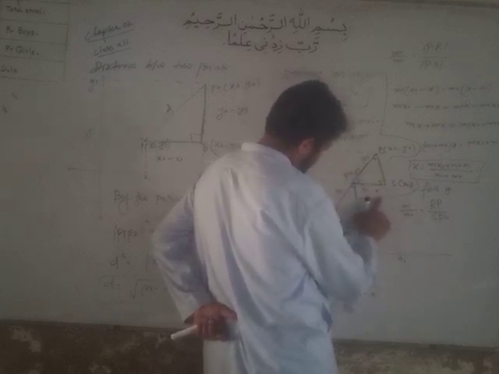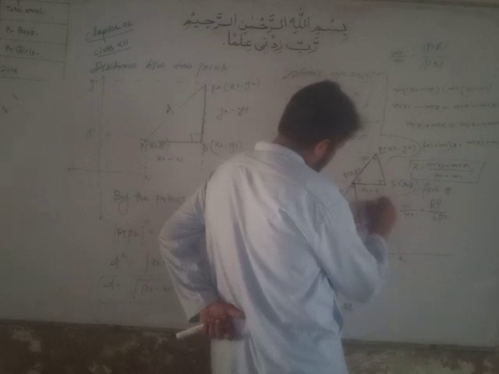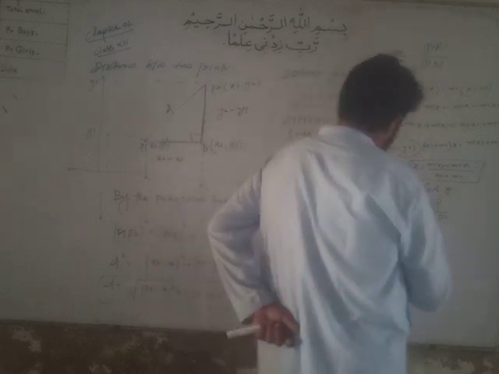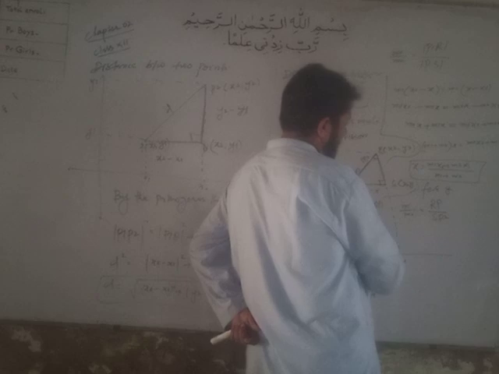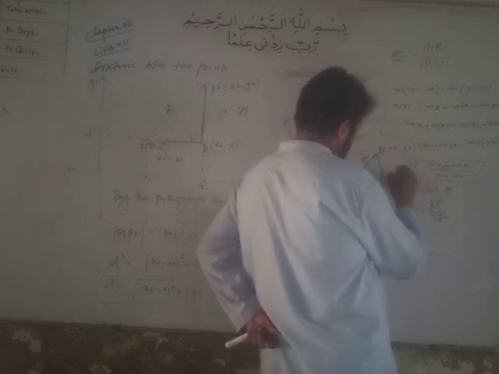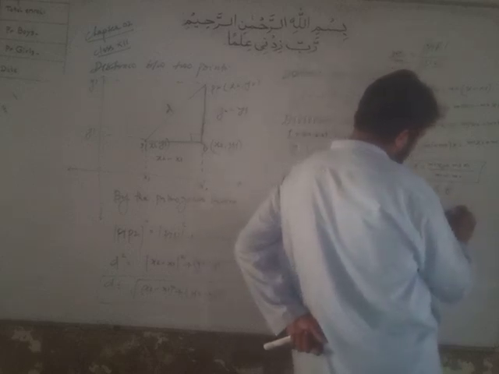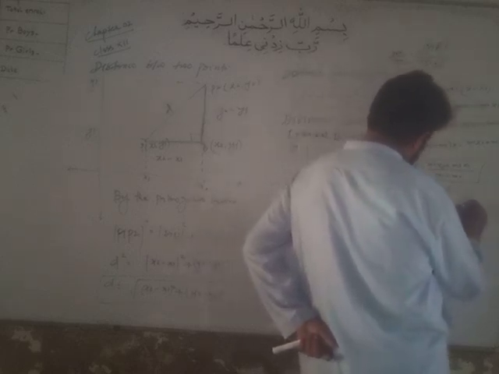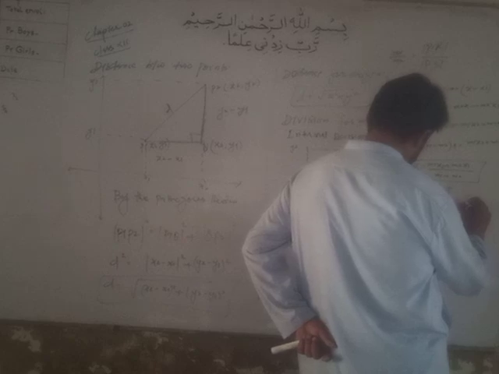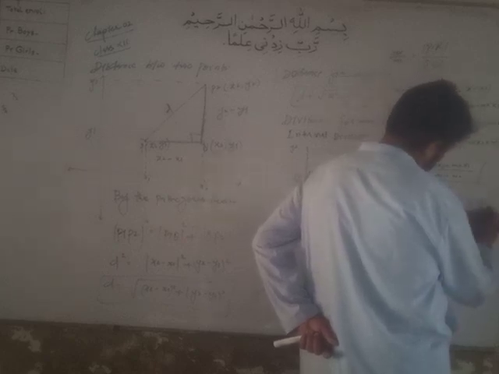So this will be y minus y1, and here x will be cancelled, so we can say y2 minus y. Okay, so this will be y minus y1 over y2 minus y.